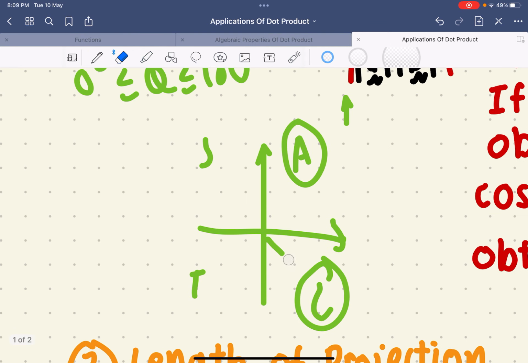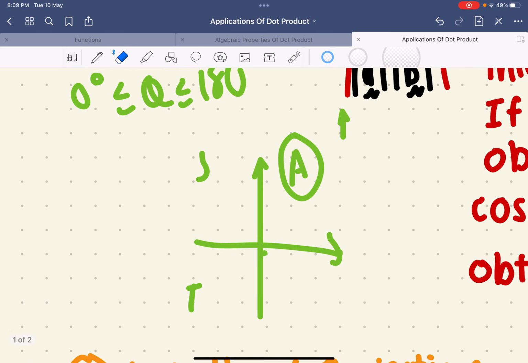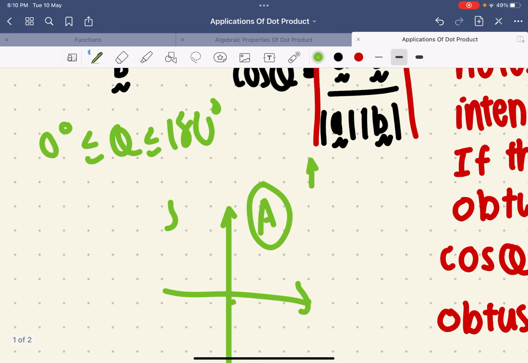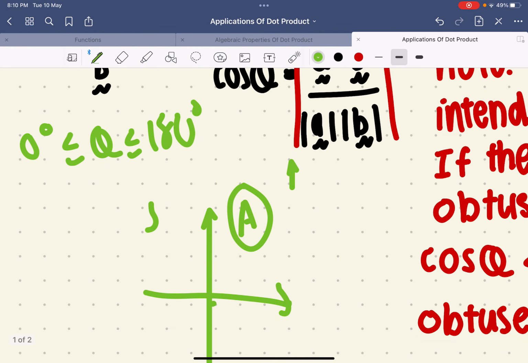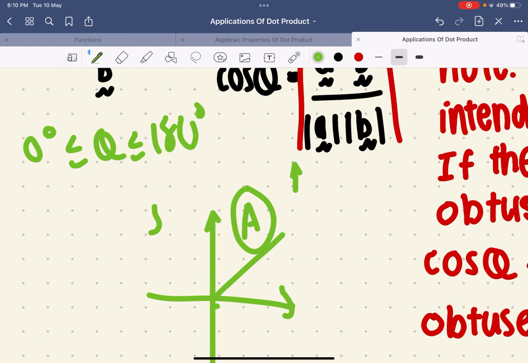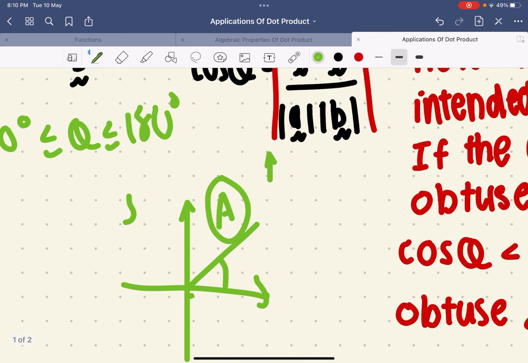So we don't care about the C, we care about the A and the S, the first and the second quadrant. And by the modulus sign, if you find the theta, it guarantees us the acute angle of it.